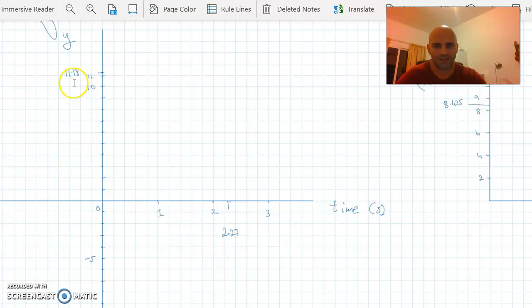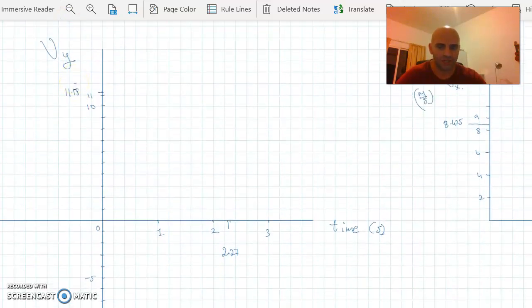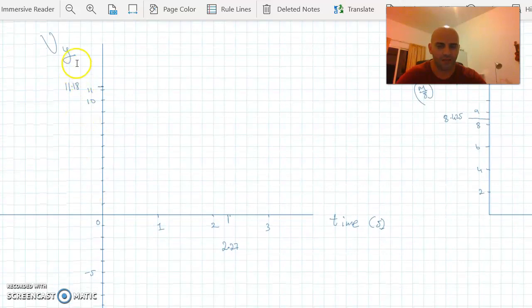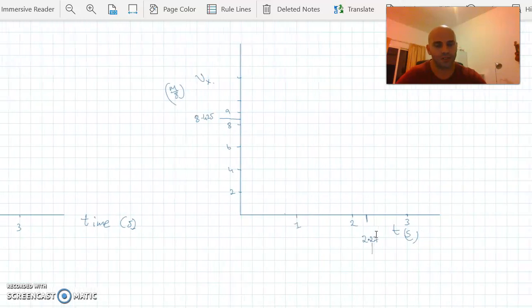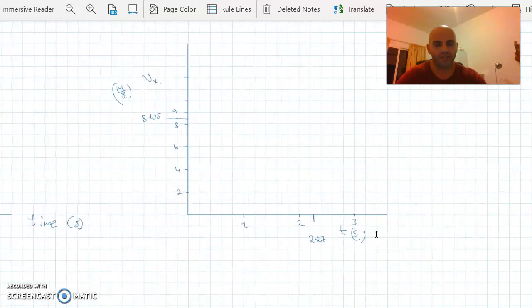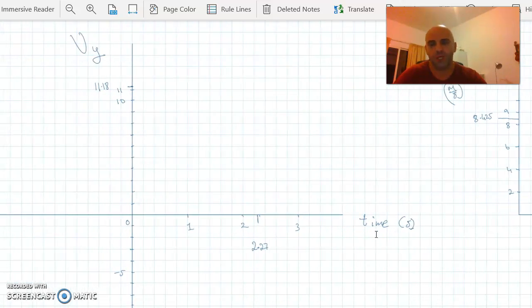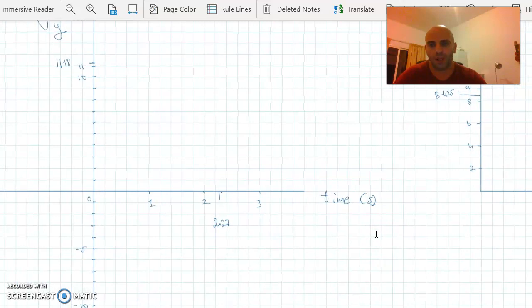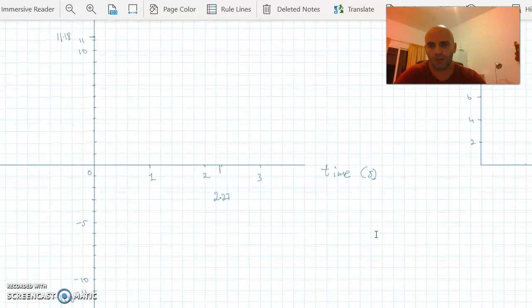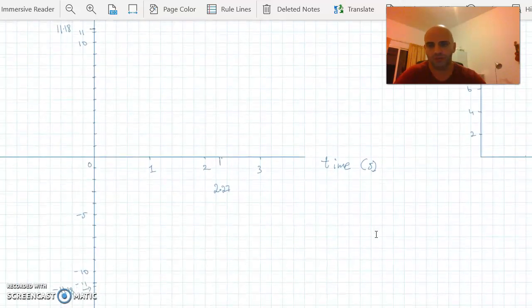Sorry, this is the velocity time graph. So I'm going velocity y on the y-axis, and time on the x-axis. Then I'm going to do a separate one here for the velocity in the x direction, and time again on the x-axis. So I'm just going to graph it out.